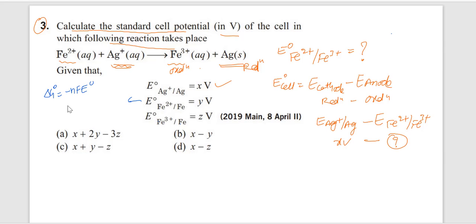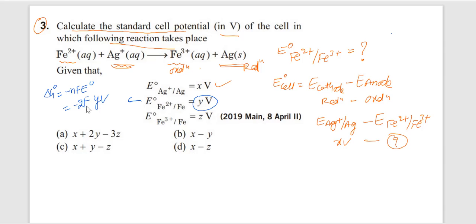According to this, delta G naught for this, how many electrons are changing? 2 electrons. Here n means number of electrons. So minus 2 F, E0 value is y volt.